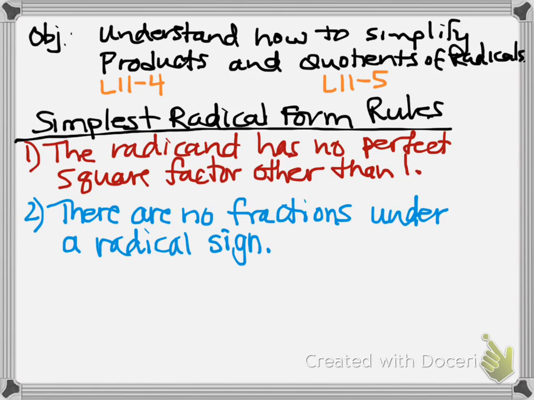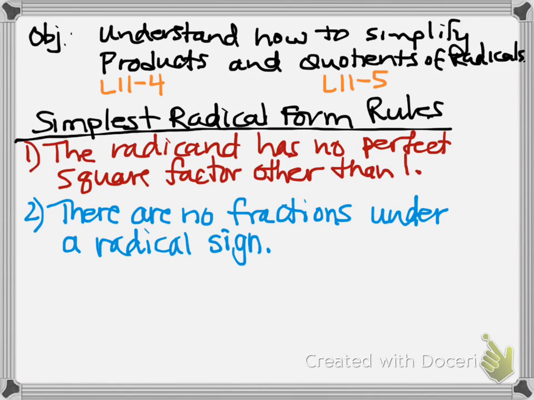And we did that a little bit. I can't remember which homework assignment it was, but I remember one being like the square root of p to the 6 over 400. And you had to take the square root of the p to the 6, and you had to take the square root of the 400. So you took the square root of each of the parts. And that's kind of how we can try to get rid of these fractions under radicals. Try to take the square root of the numerator, try to take the square root of the denominator.